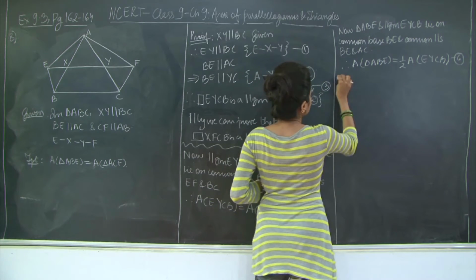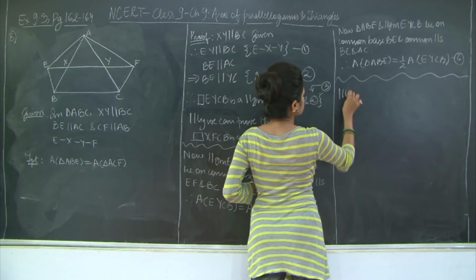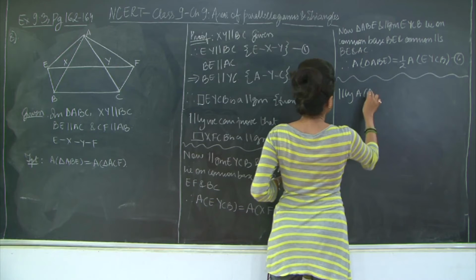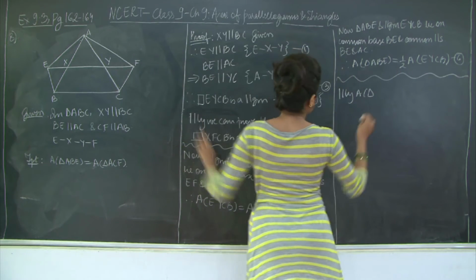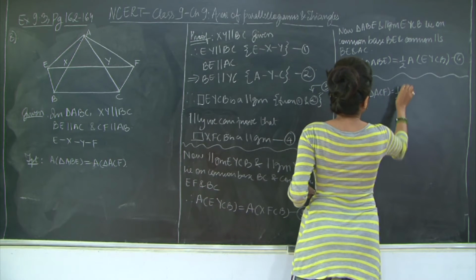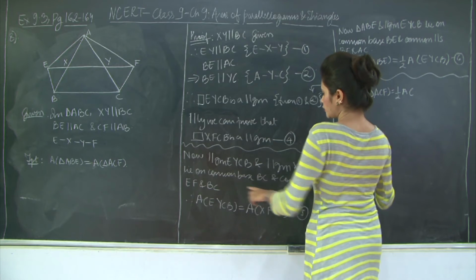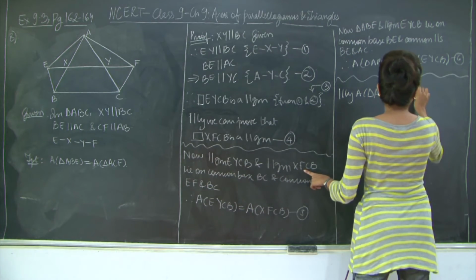And similarly, I will say, similarly, area of triangle, so now which triangle do we need? We need ACF. AC and F. ACF is equal to half area of which parallelogram? The other parallelogram, XFCB.